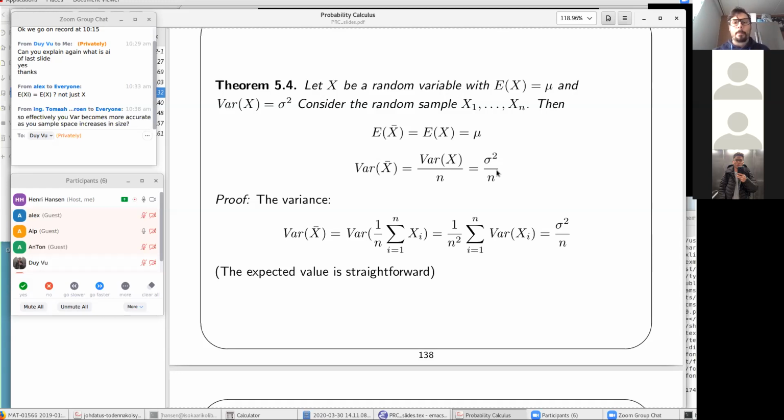However, the variance is now the previous variance, which was about 3 roughly, divided by n, which was 100. So this is 3 over 100. I'm just approximating. It's about 1.7, the square root of that.